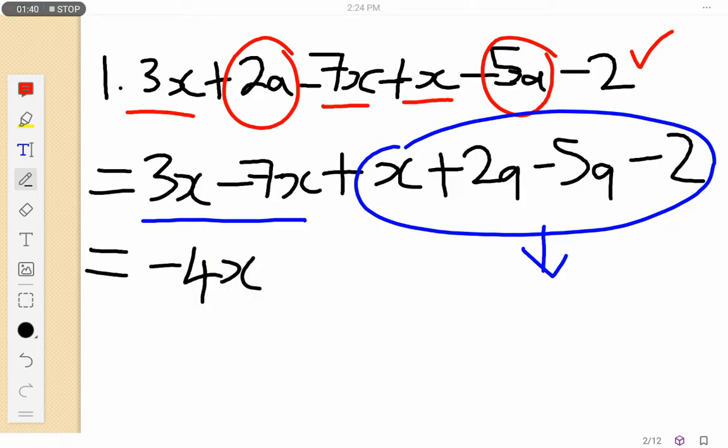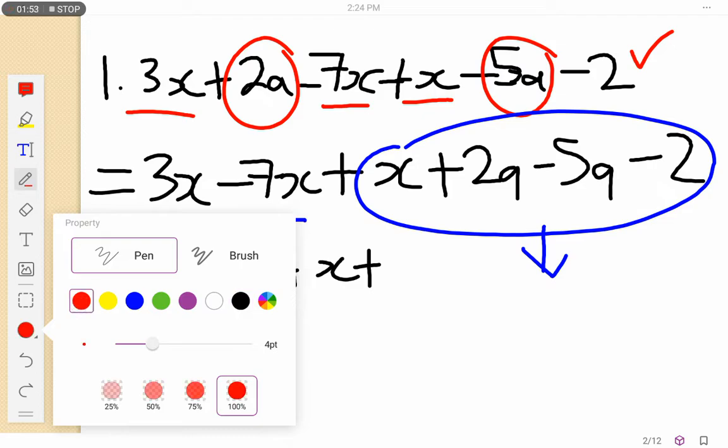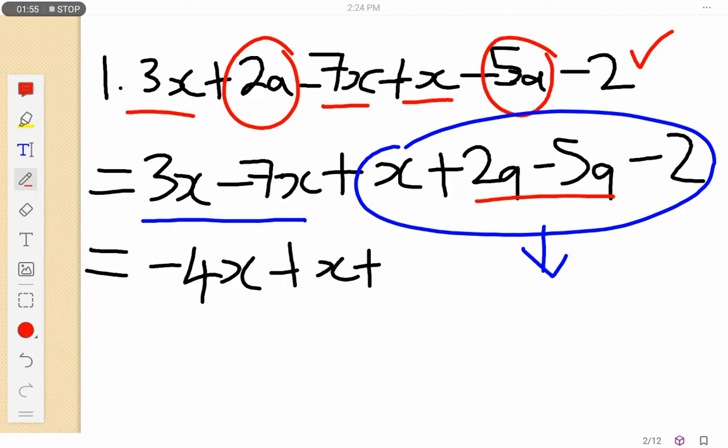Then I'll take that down, plus x, plus 2a, minus 5. Let me solve for a there. For a, I have 2a minus 5a, which gives minus 3a. Then I have minus 2 there.